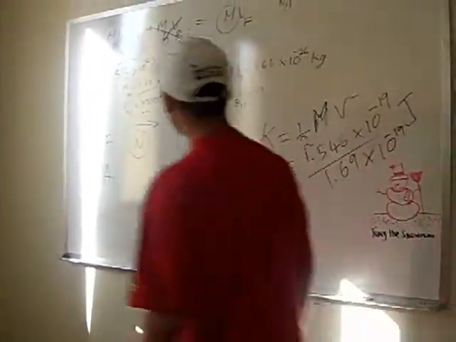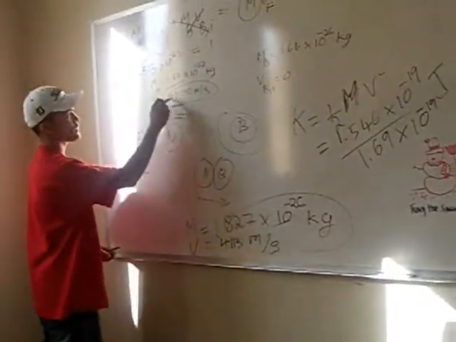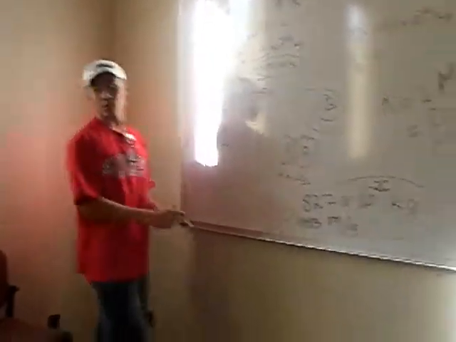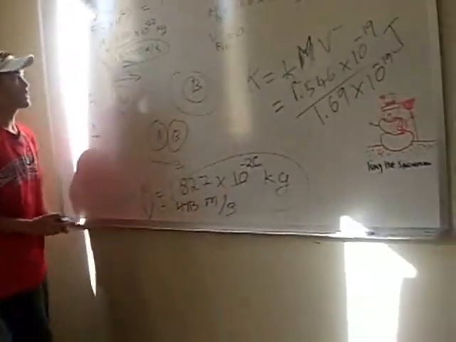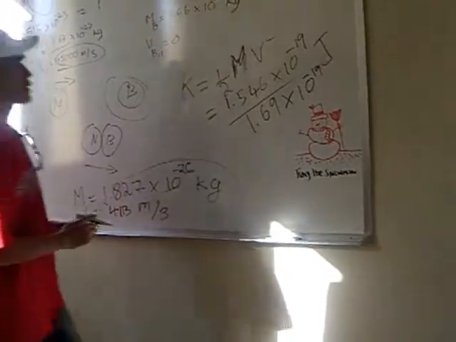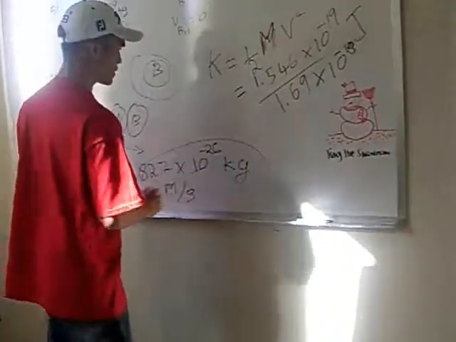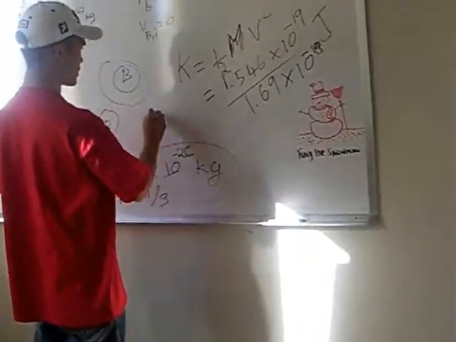Did you guys catch this? It's 18, not 19, because the given speed was in kilometers per second, so we have to change it into meters. So it's 1.69 times 10 to the negative 18. The fraction will be 0.0914.